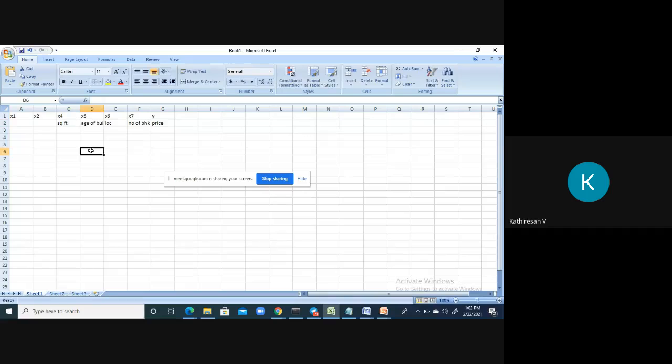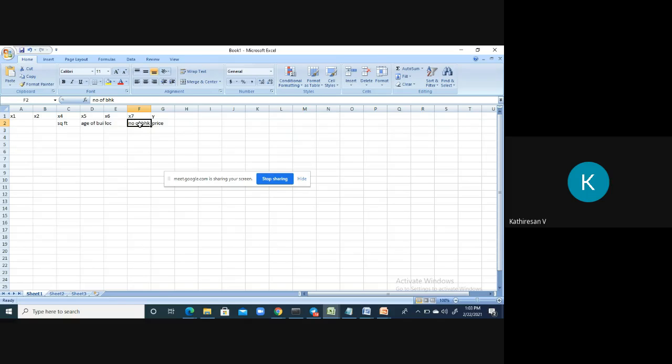See here, there is no correlation between square feet and age of building. Zero correlation. There is no correlation between age of building and location. But between square feet and number of BHK, we have very minimum correlation.